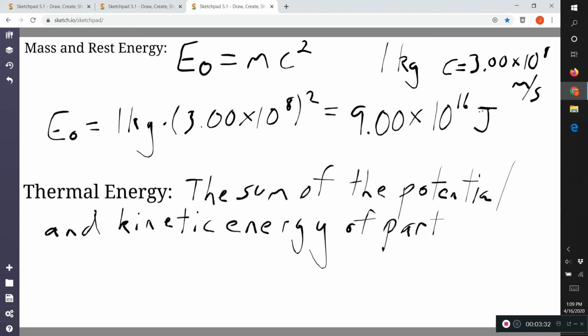So basically we perceive this as temperature. Temperature is a measure of the thermal energy in an object.